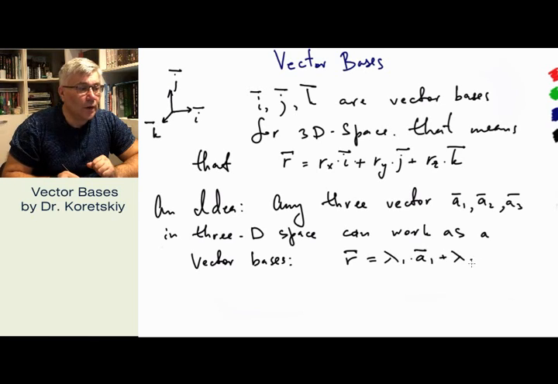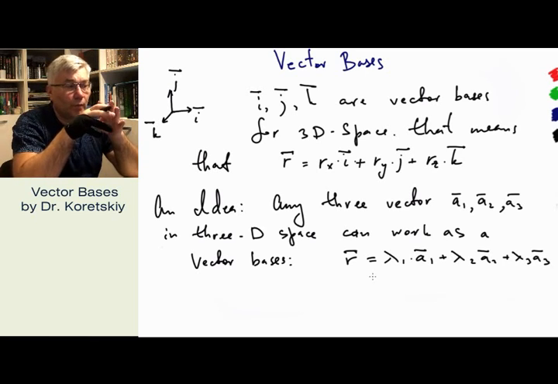So it means that we can represent R through, if you don't mind, lambda 1 times A1 plus lambda 2 A2 plus lambda 3 A3. So we can decompose our given vector through these three vectors.